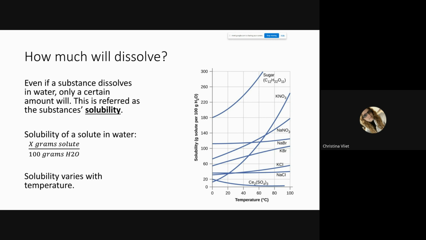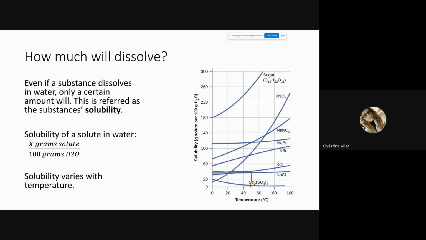Go to your graph, go to the temperature of 50, go to KCl, and then you've got a ruler, so you can just go straight across. And you can estimate. My drawing's terrible. Probably like 35. Something like that.